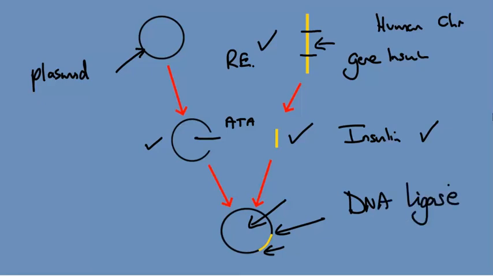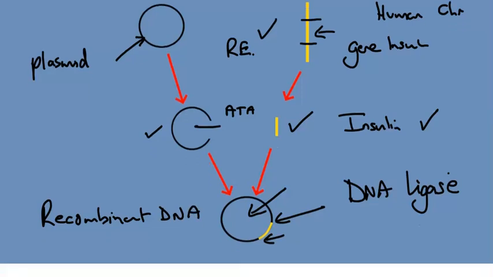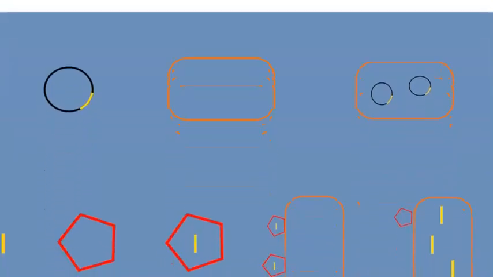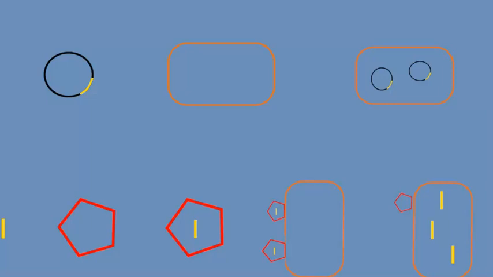The combination of the bacterial plasmid and the human gene is what we call recombinant DNA, recombined DNA.